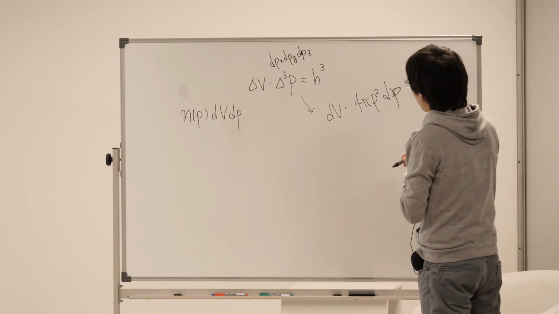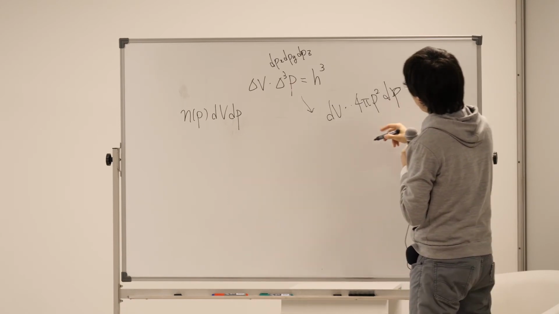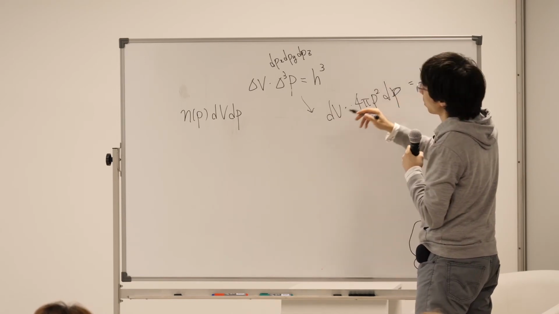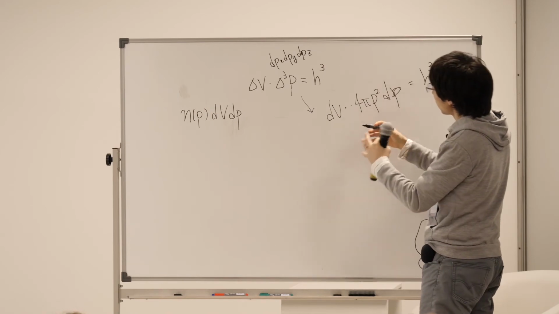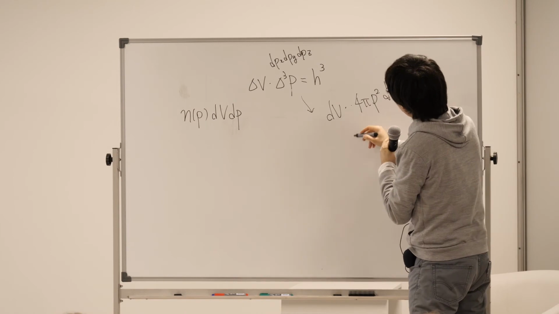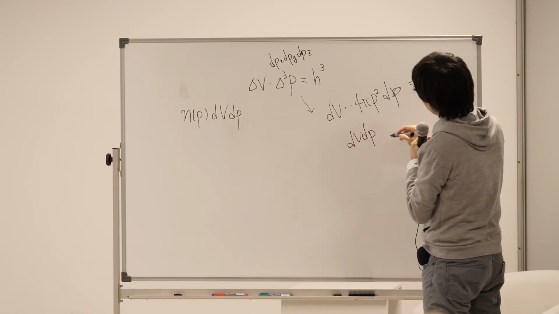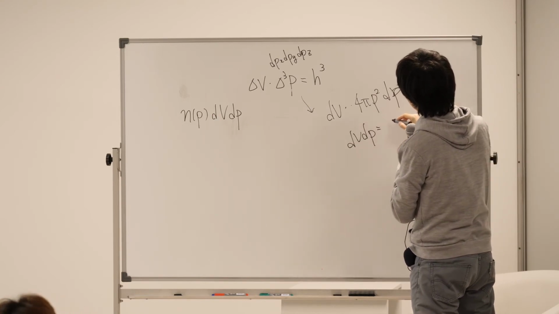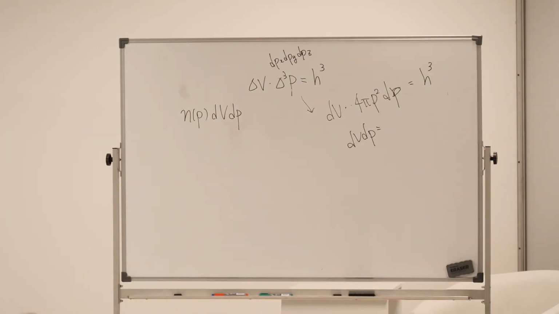So that means the number of electrons which can be satisfying in this volume is, say, 4π. Let me show the result first.